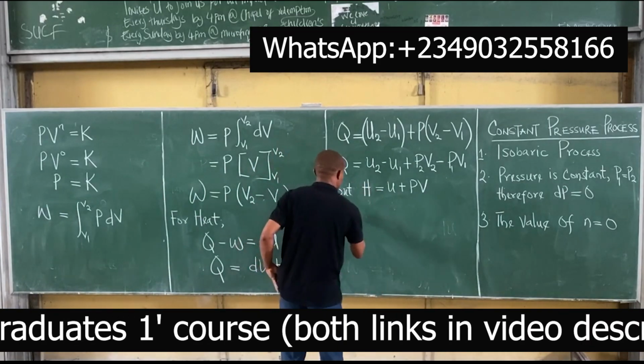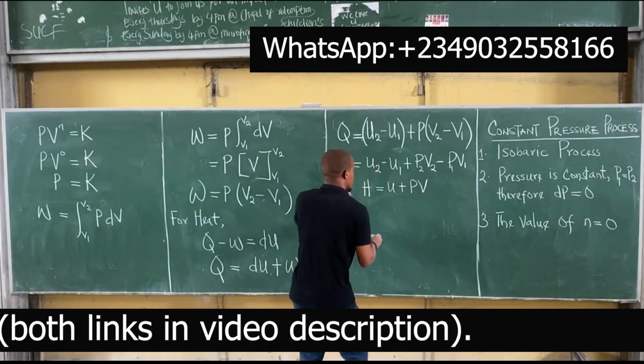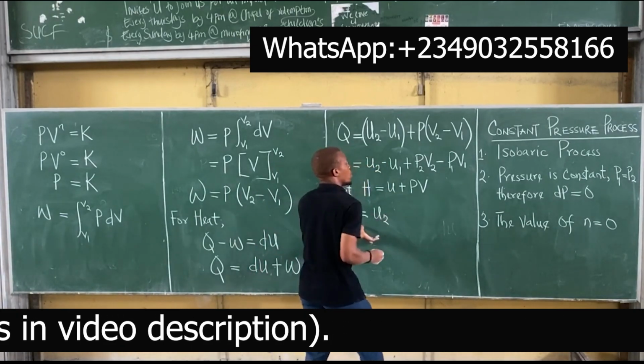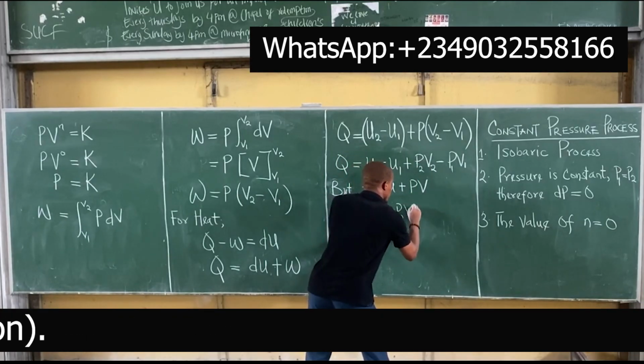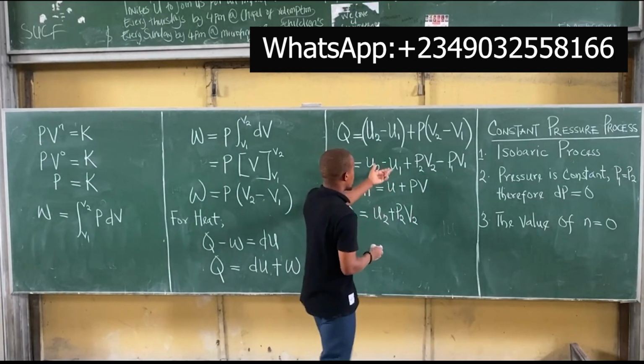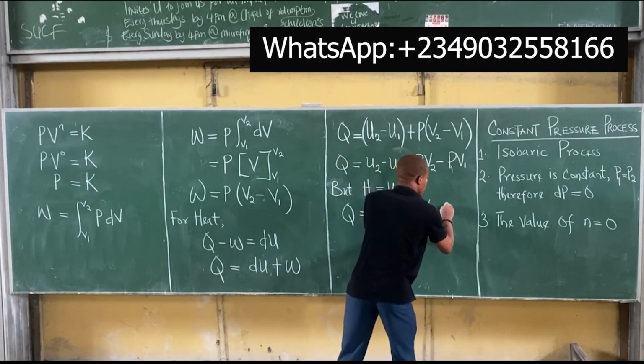Now this can be written as Q equal to U2 plus P2 V2 minus bracket U1 plus P1 V1.